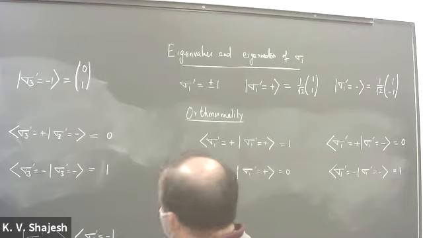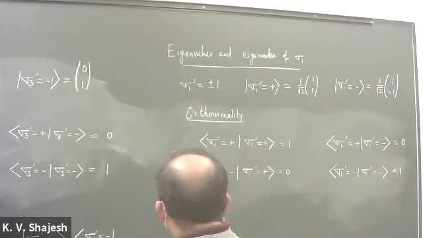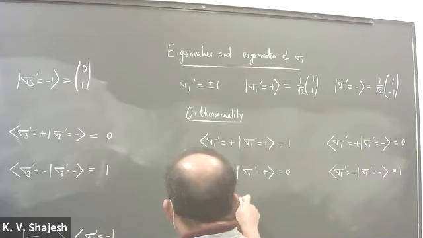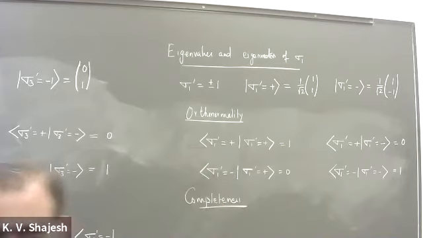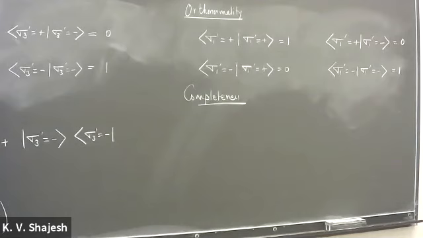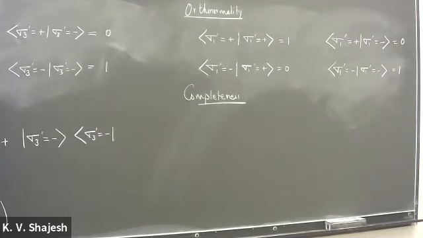Completeness, are these complete? Like sigma 3 we found were complete. Are these really sigma 1 eigenvectors, are they complete or not? So let's check.